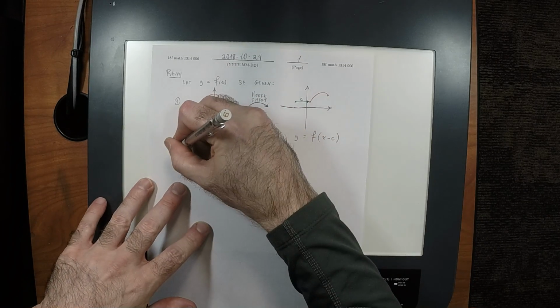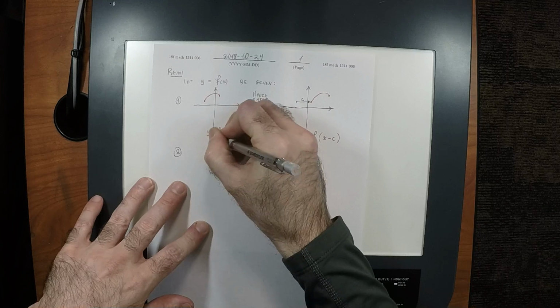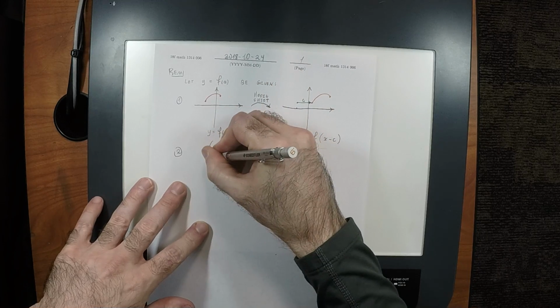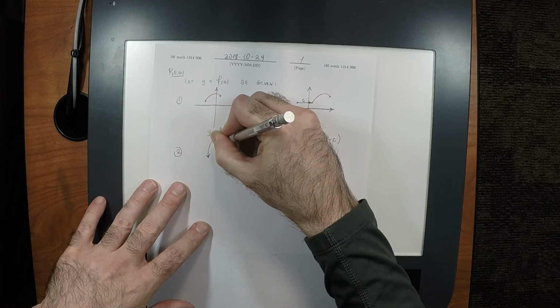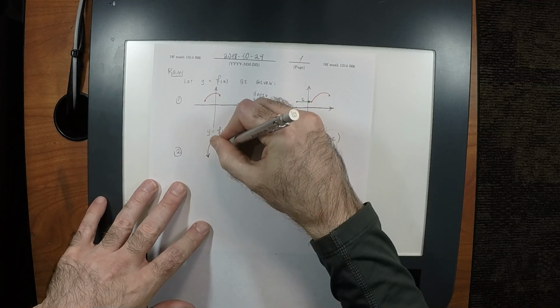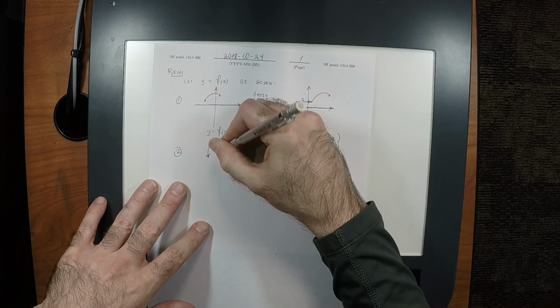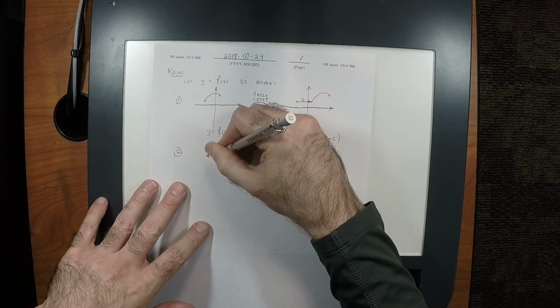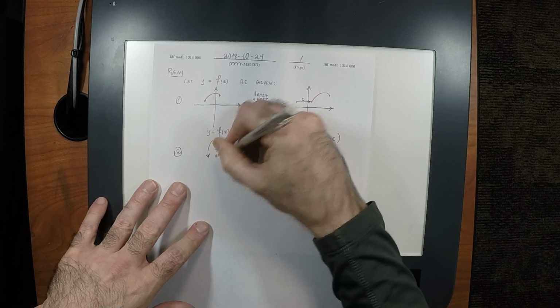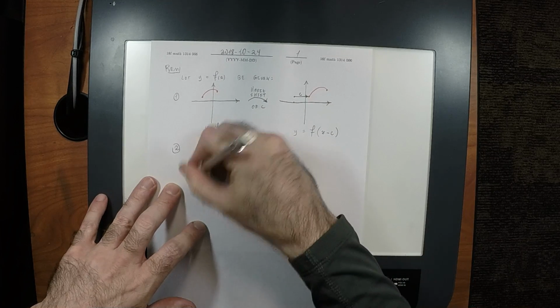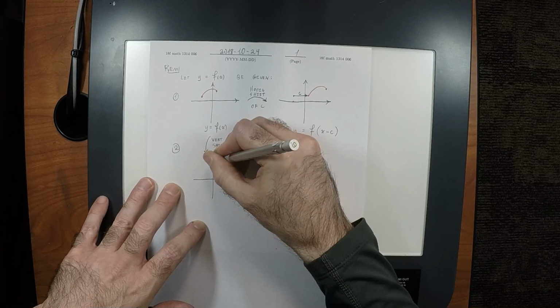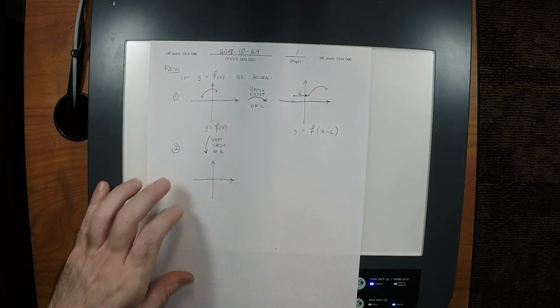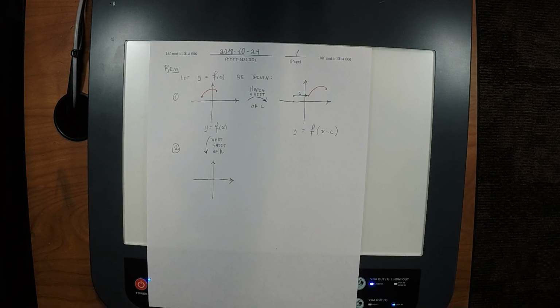Similarly, if from here, instead of doing a horizontal shift, we do a vertical shift of, say, k, that would mean we're going to take that thing and move it not left to right, but just up and down.